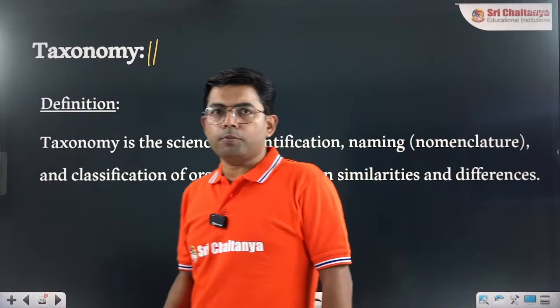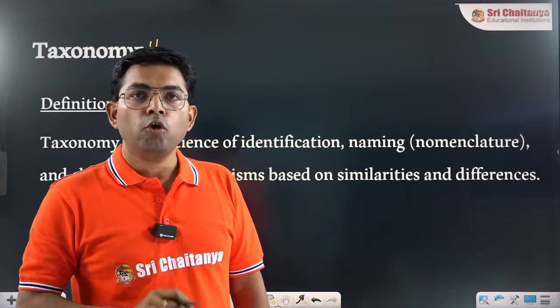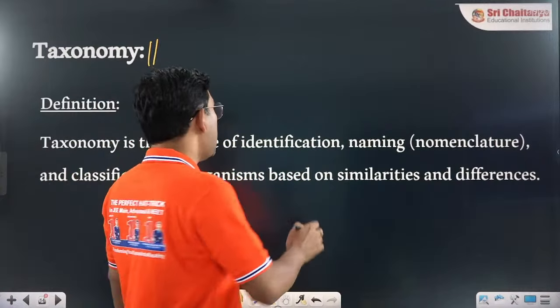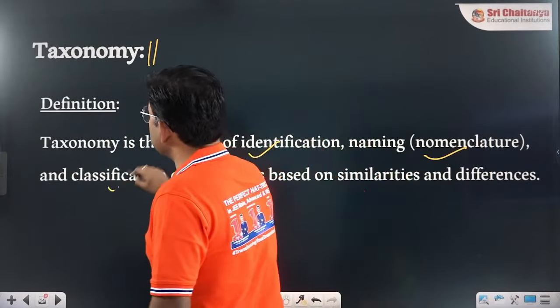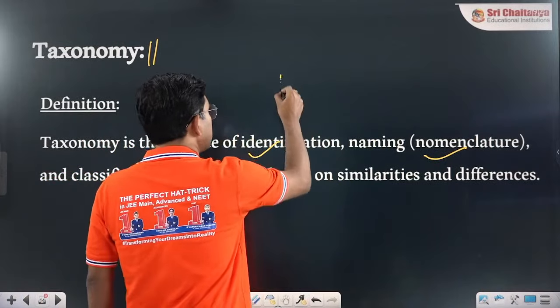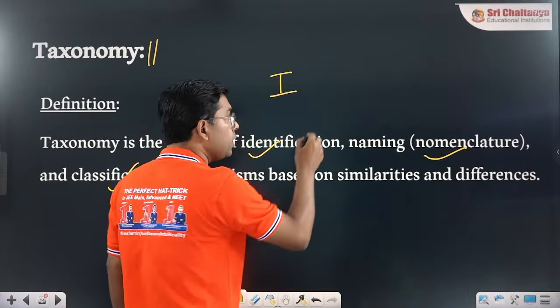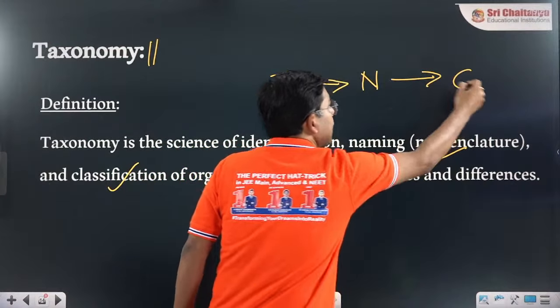So what is taxonomy? Taxonomy is the branch of biology which deals with identification, nomenclature and classification of organisms. Remember the correct order: identification, nomenclature and classification.